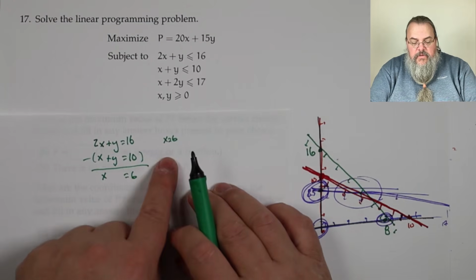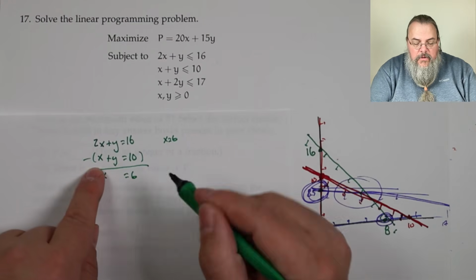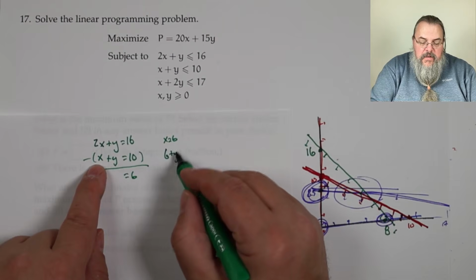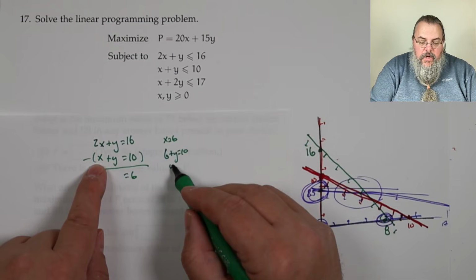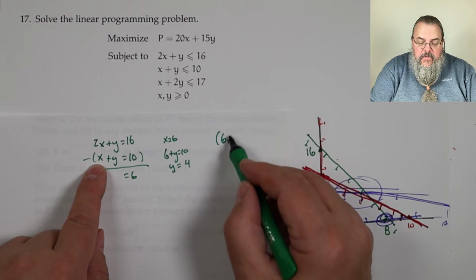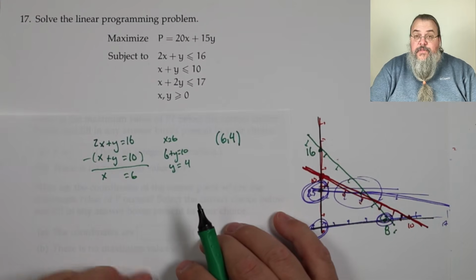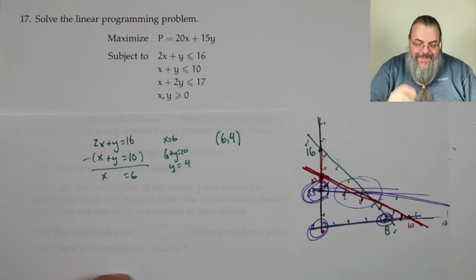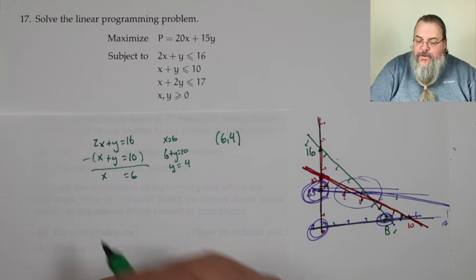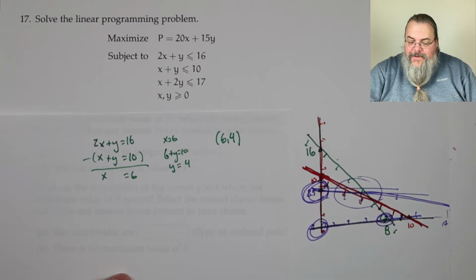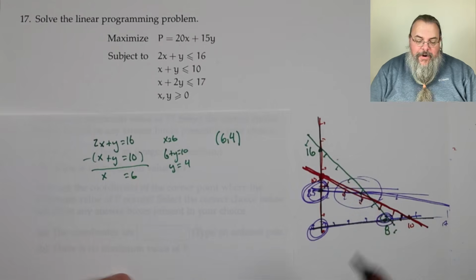Once you know x equals 6, plug it in: 6 plus y equals 10, and so y equals 4. So one candidate for a corner is 6, 4. I call it a candidate. It's not a corner yet. I'm going to get to how we move from candidate to actually a corner in this messy part where they overlap.